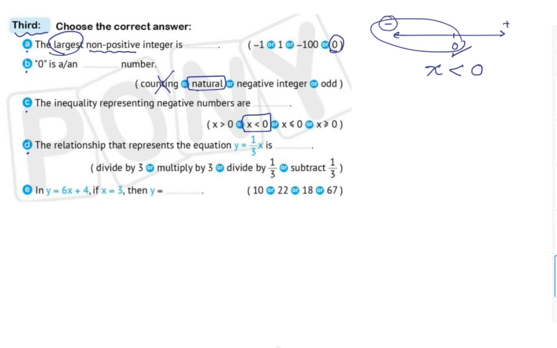Point D, the relationship that represents the equation y equals x over 3 is what? Divided by 3, multiply by 3, divided by a third, or subtract a third? That means x divided by 3. I know every number has a denominator of 1, and a third x means multiplying a third by x.